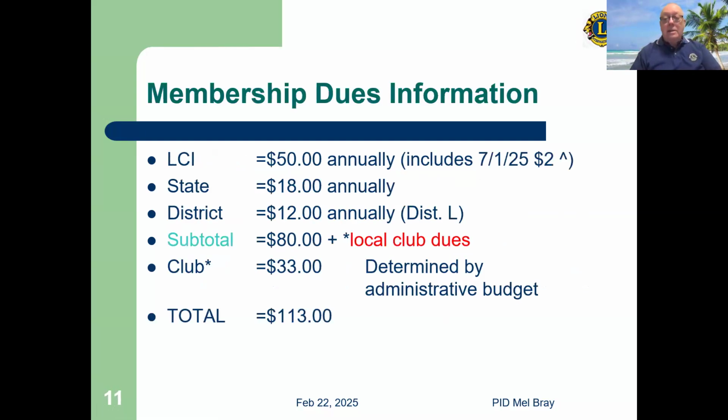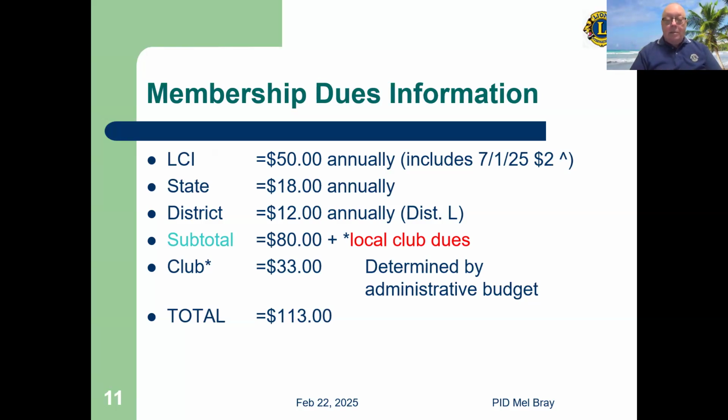Okay, this is just an example. I'm using my own district, $12 for District 16L. The reason I do that is because when you do LCI, and you notice I marked it for 7/1/25, it's going up $2. So it'll be $50 you have to charge for your members. Your state dues is $18 annually that has to be charged.